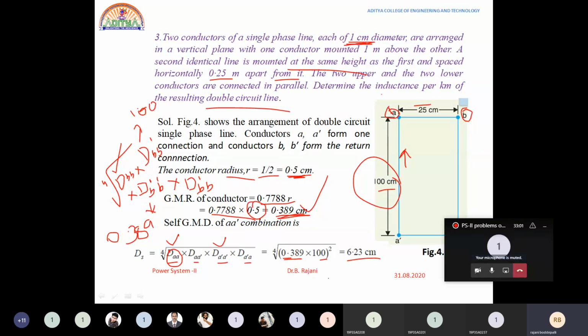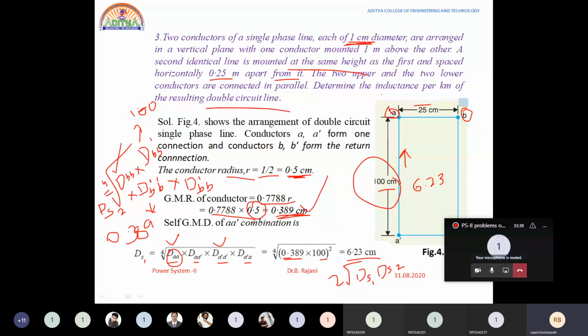So if we take the square root of ds1 and ds2, what happens? ds1 ds2 is nothing but 6.23, which is nothing but the ds1 we are having over here. Let us suppose the suffix 1 for the conductor A and ds2 for the conductor B. This is ds2, we can say.